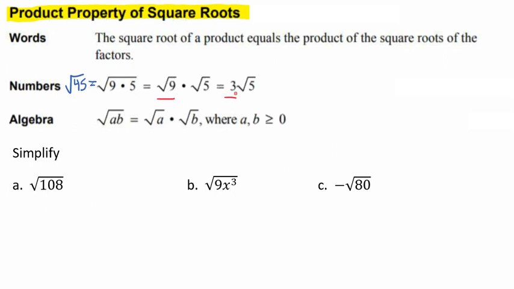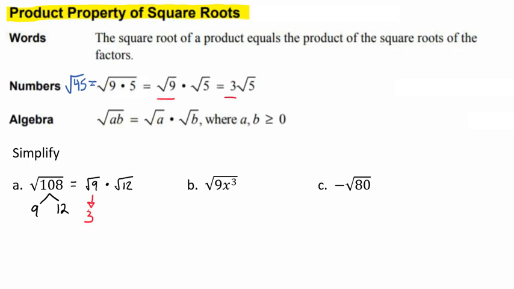So if we were doing an example where we have the square root of 108, we would break that down and we could use a 9 and a 12. So here we could say that the square root of 108 is the square root of 9 times the square root of 12. We know that the square root of 9 is 3.